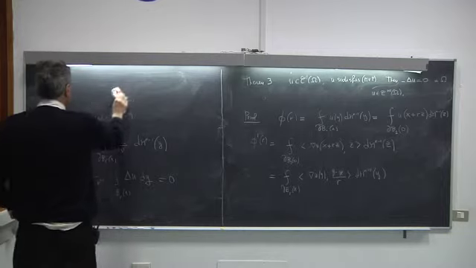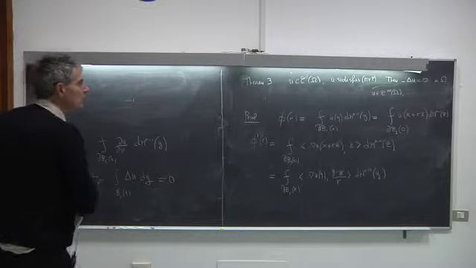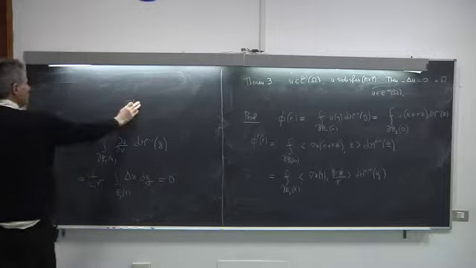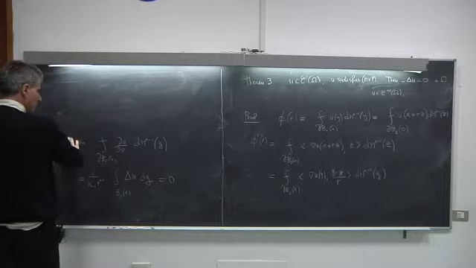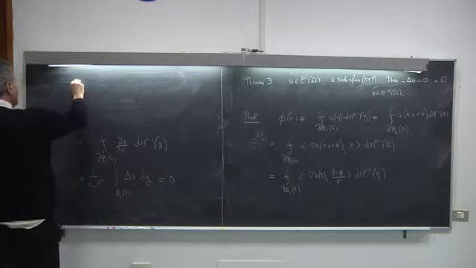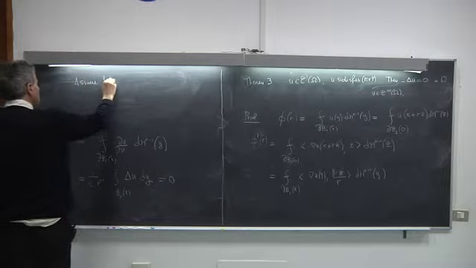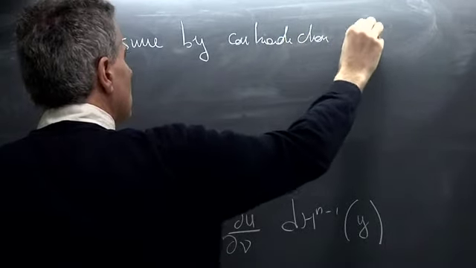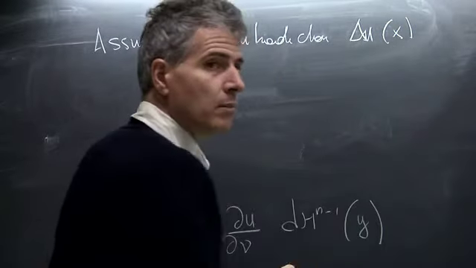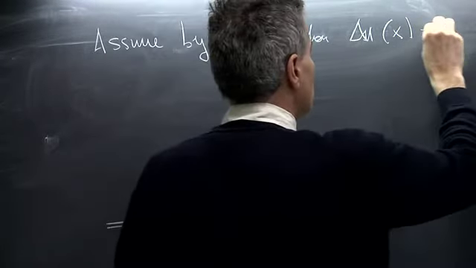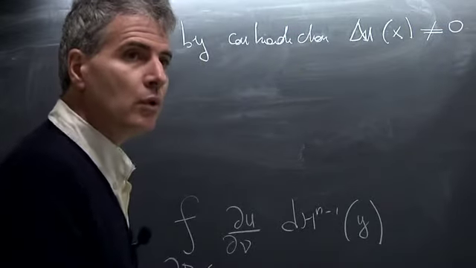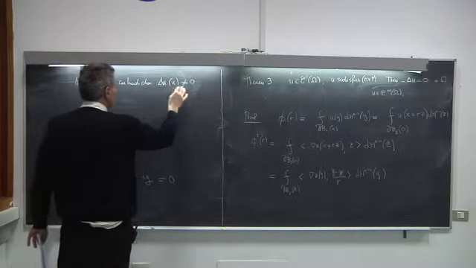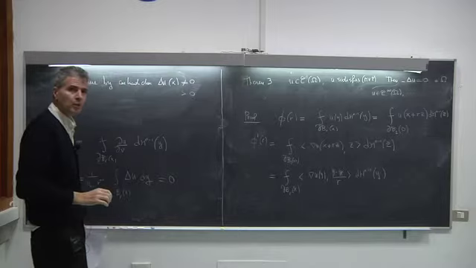And therefore I think that the proof should be almost concluded, since we assumed by contradiction that u is not harmonic. Therefore there is a point x where the Laplacian is non-zero. Since u is continuous, actually it is C2, assume, for instance, that this is positive at a point.